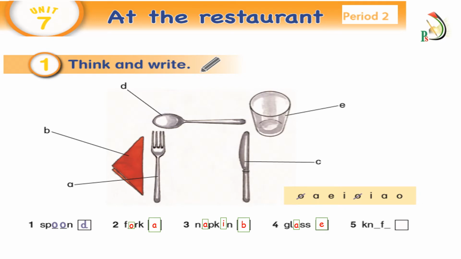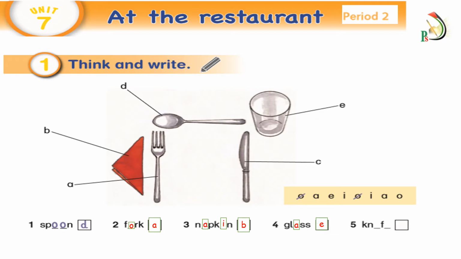Now let's move to the last word, number 5. K N space F space. Here be careful. K is a silent letter. Okay? Write the missing letters down.